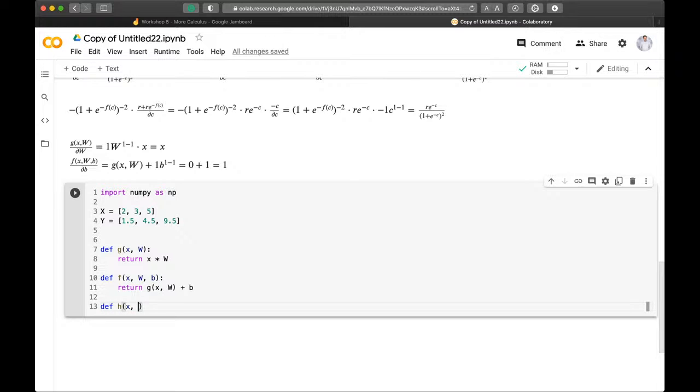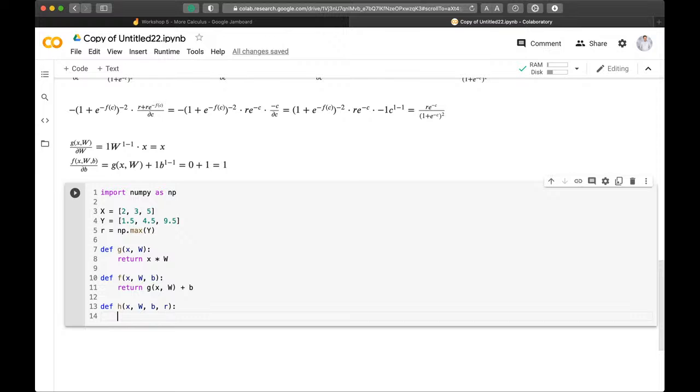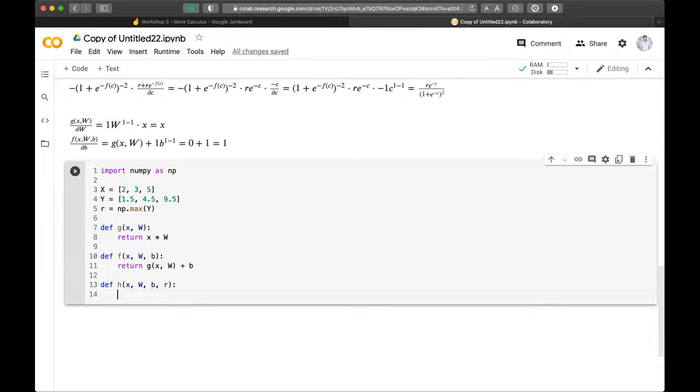And then def h of x. So the h1 is x, v, b, r. So r is actually, we can write it here as np max of y. That is a constant. This is the limit of our prediction capability, the maximum value that we're going to predict from the sigmoid. This is just a specific type of model that shows the function graphs; for other models maybe you don't want something like that.